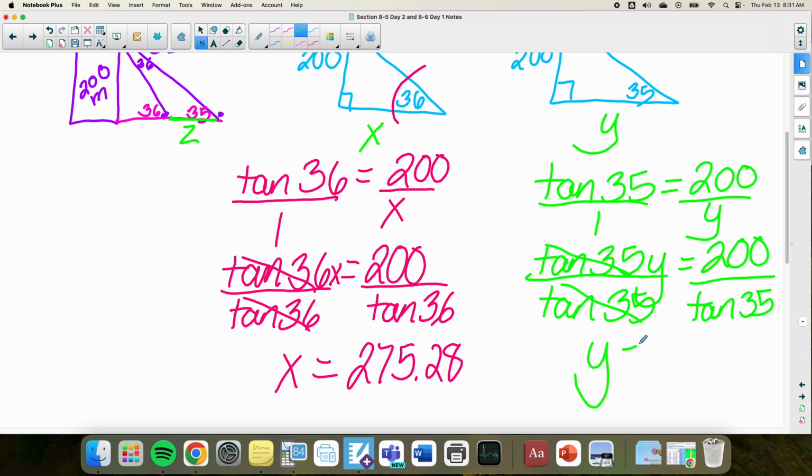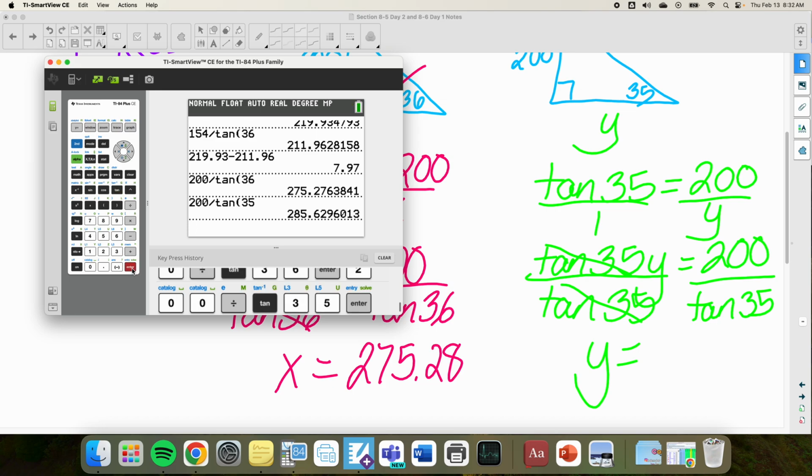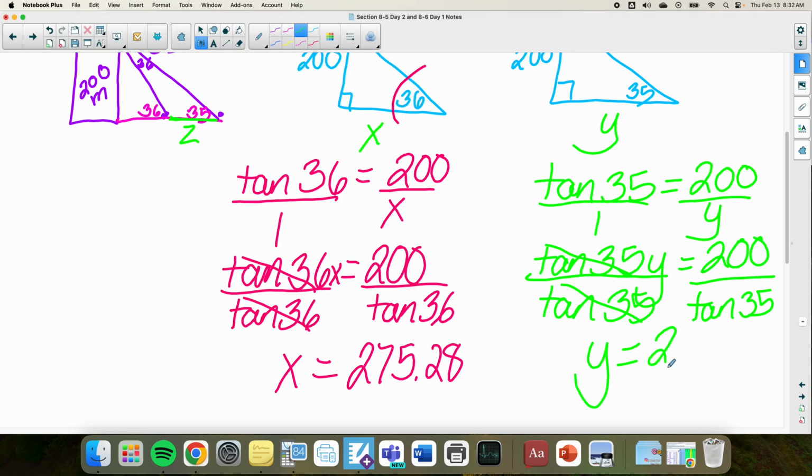And y would equal 200 divided by tangent 35, which I get as 285.63.